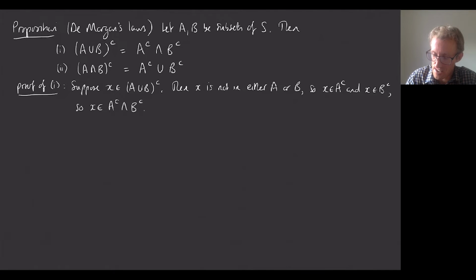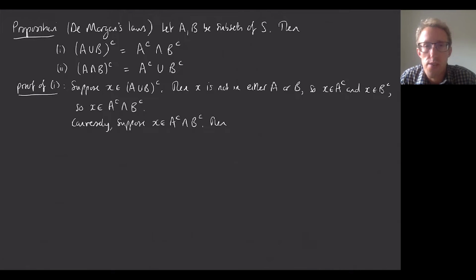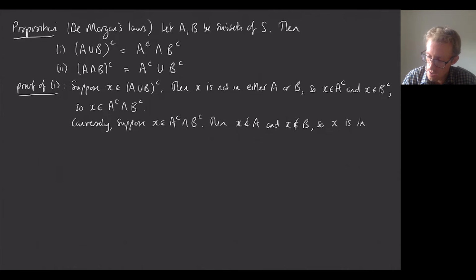Then we go the other way around. So now I say, conversely, suppose that x were in the complement of A intersect complement of B. So then that means that x is not in A because it's in the complement, and it's not in B because it's in the complement of B. So x is in neither A nor B, and that means that x is not in the union of A and B. So it's not in either A or B. Then it means it's not in A union B. So I'm going to say x is not in A union B, i.e. x is in the complement of that.